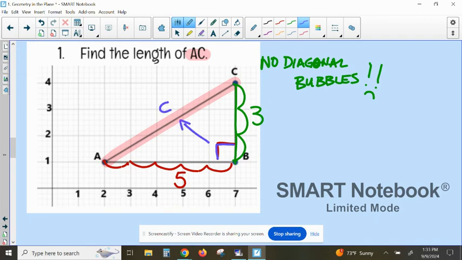That guy is C. Who would you like A and B to be? A is 5. That's fine. And B is 3. That's fine. Go ahead, do your Pythagorean theorem. Go ahead, do the whole thing.